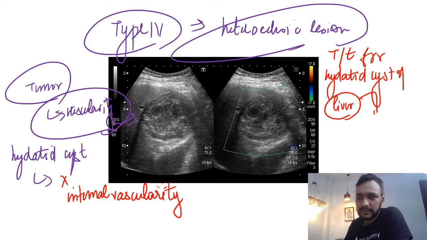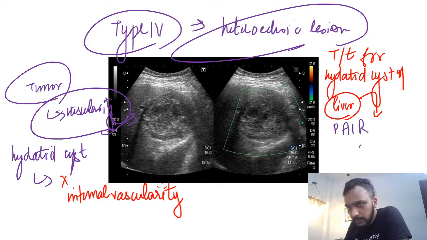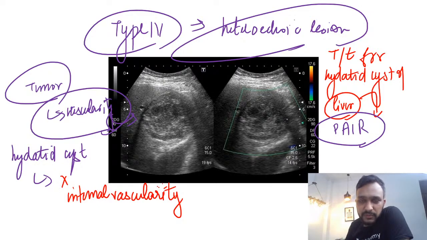Treatment for hydatid cyst of liver is PAIR procedure. Yes, first PAIR procedure: percutaneous aspiration, injection of the scolicidal agent and re-aspiration.